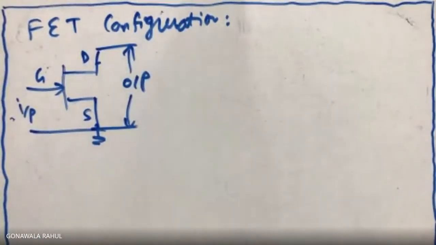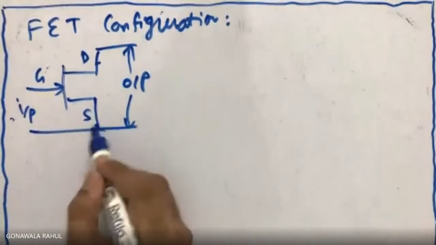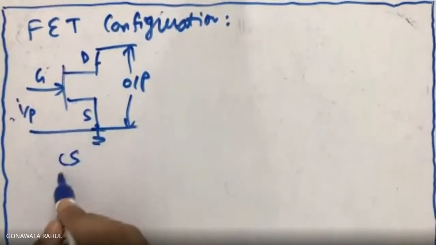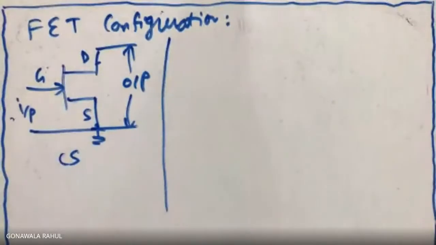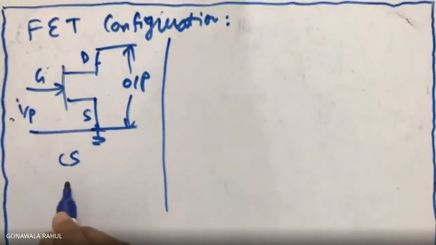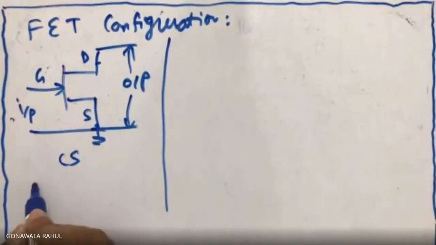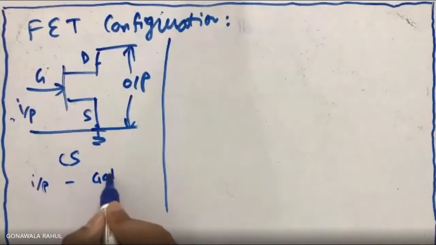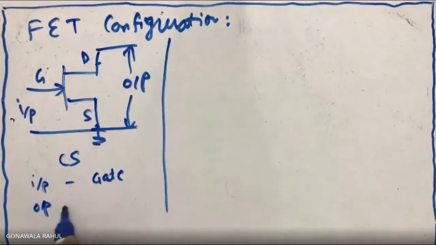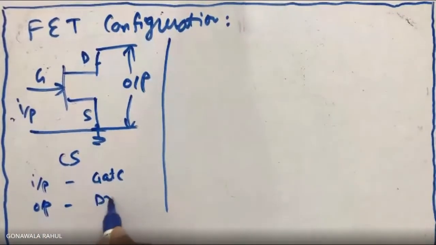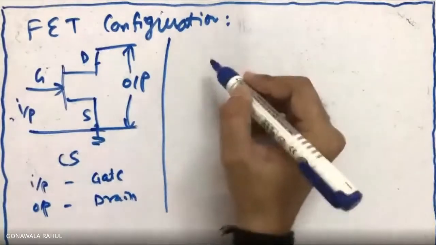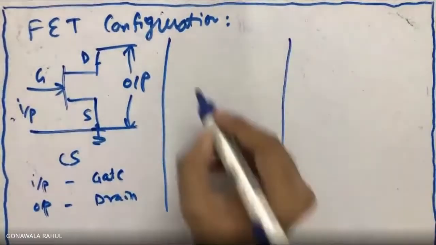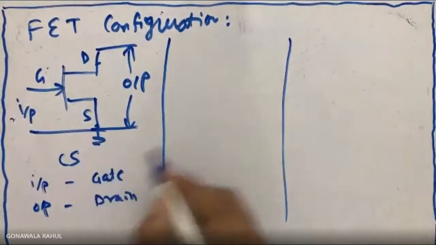The source terminal is common, hence it is known as common source. In common source, input is given at gate and output is at drain.